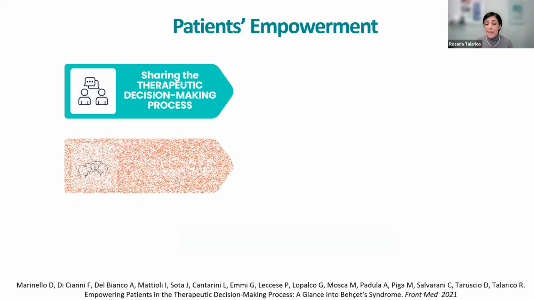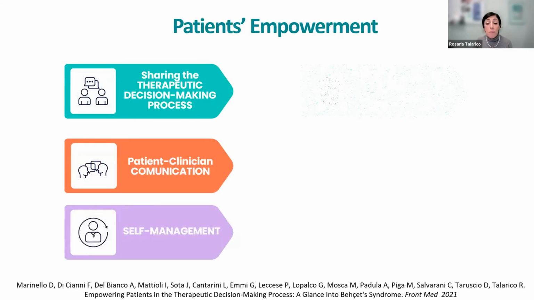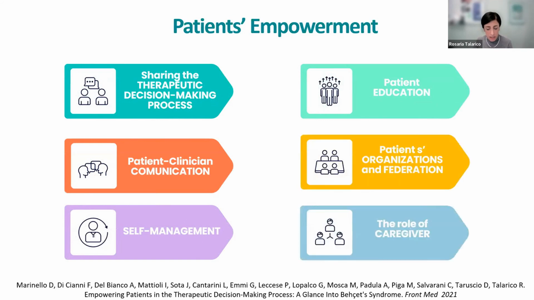We know that there are a lot of data regarding patient empowerment in improving adherence to treatment, but as we discussed in previous experience, a previous workshop related to vasculitis, but also connective tissue disease in our center, first of all, sharing a therapeutic decision-making process is really fundamental, essential, since we are talking about something that we as clinicians prescribe to a person that should take it, and it is important to share the route of administration, all the dimensions that a person may have in his or her life.